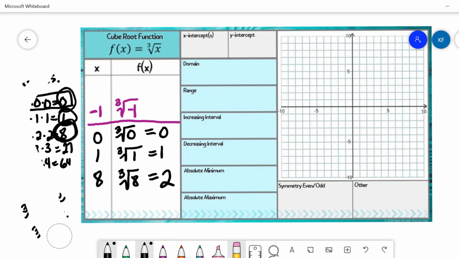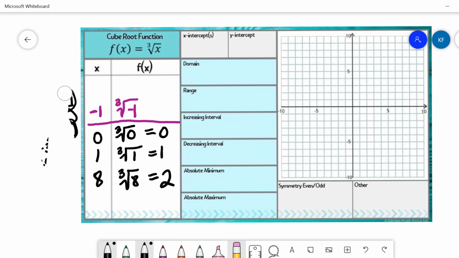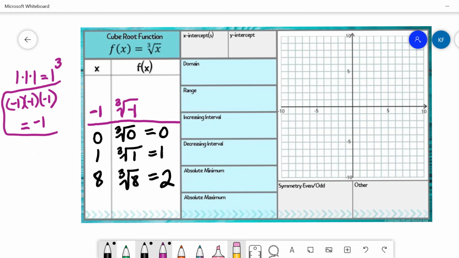And I'm going to show you why it's okay to have negative values for these cube root functions. So like before I said, 1 times 1 times 1 is 1 cubed. Well, negative times 1 can be written as -1. So this is all legal.